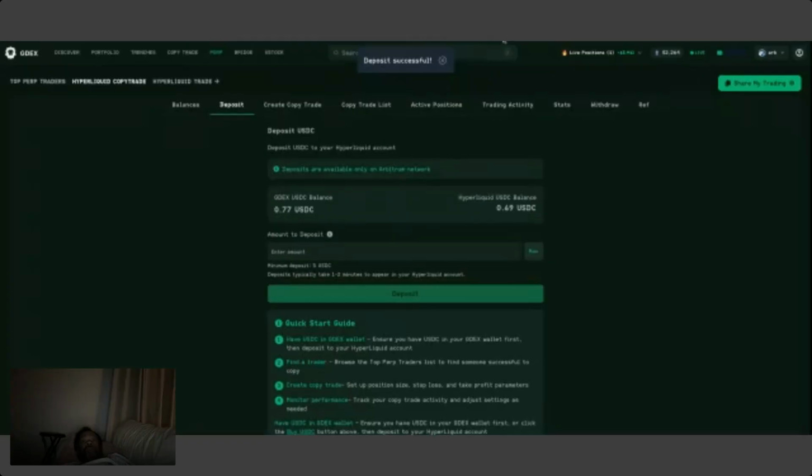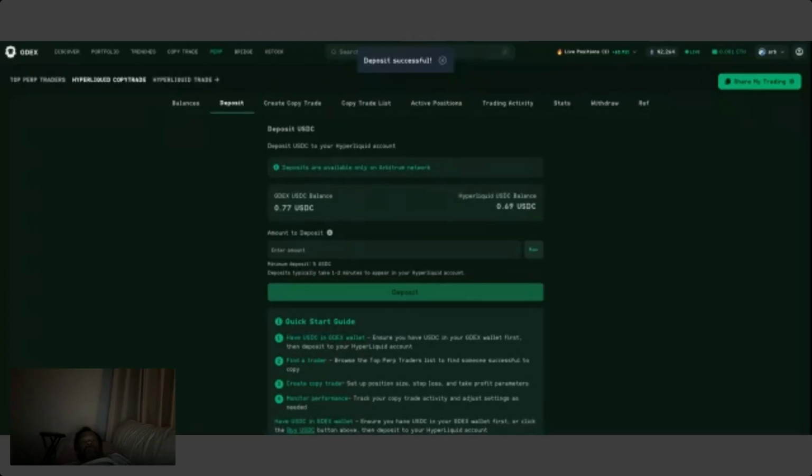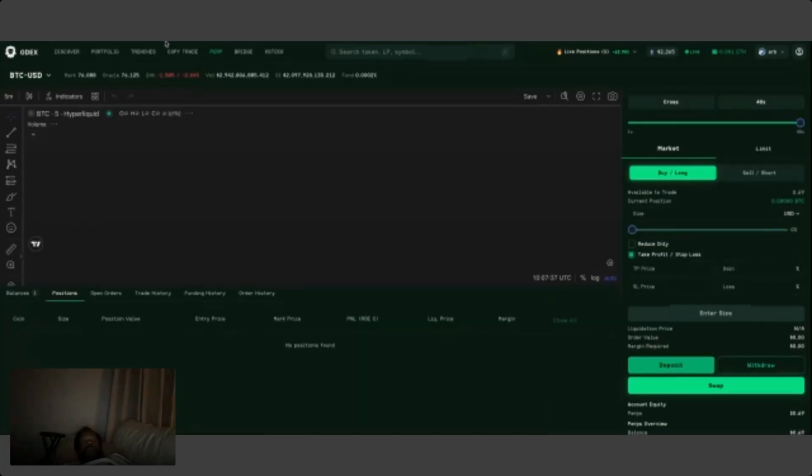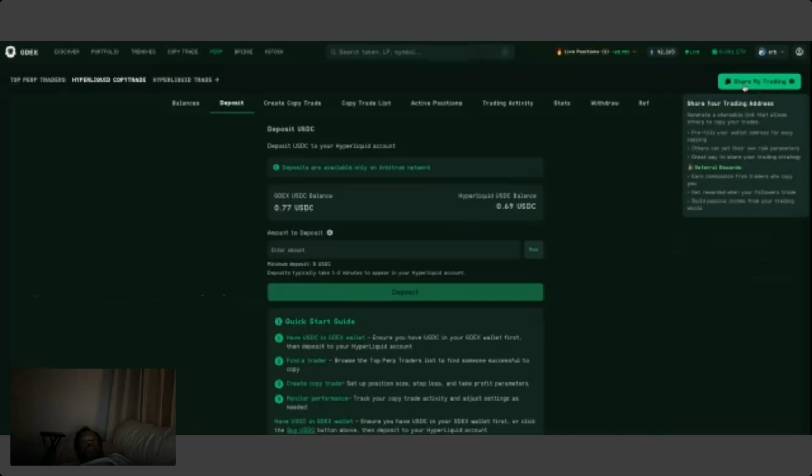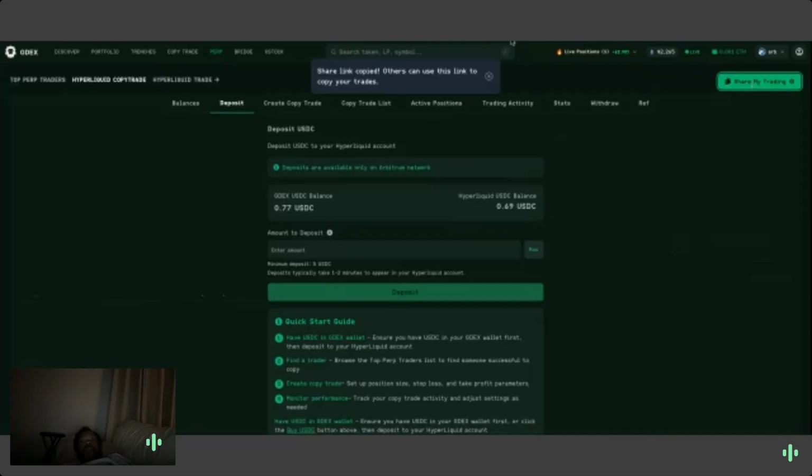Deposit successful. It'll take a couple of seconds. Once that's done, you go to Hyperliquid trade. All right, sure. Now also there's an option up here: share my trading. I copy that.